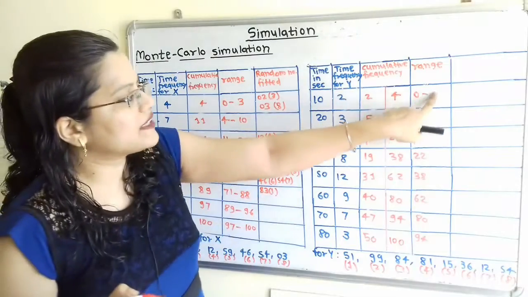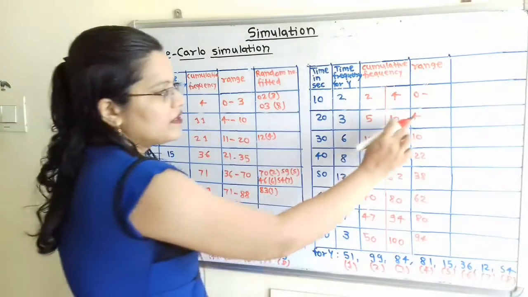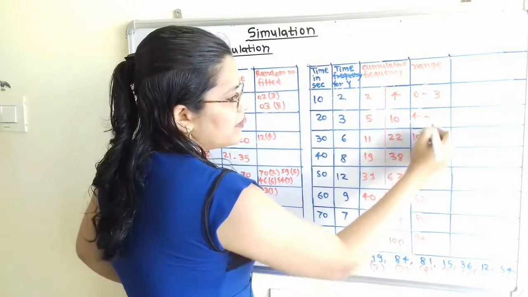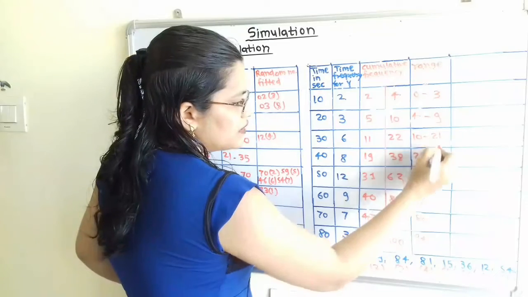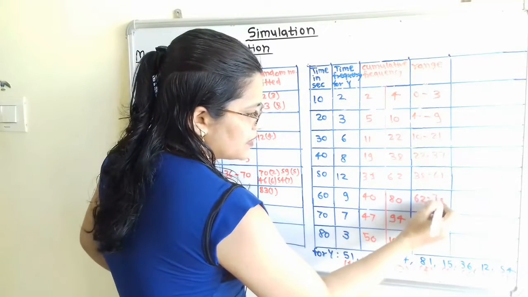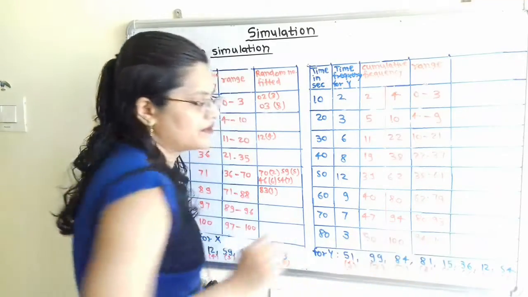Now how to decide the range? The range is in between two numbers. So the second number is this 4 minus 1, that is 3. Then 10 minus 1, that is 9. Here is 21. Here is 37. 61. 79. 93. And here the last one is 100.